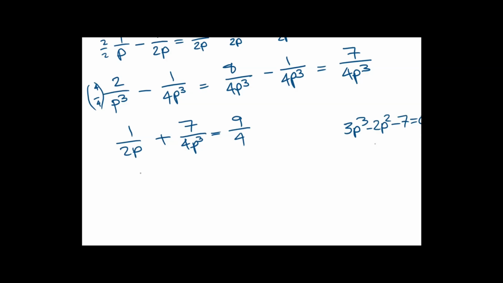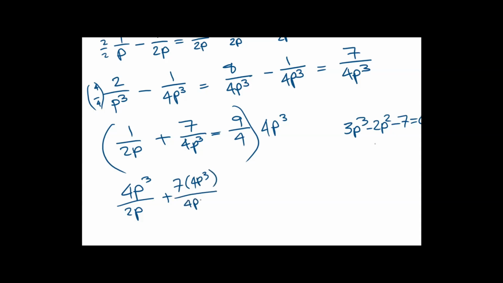Now, we are going to multiply all of these terms by 4p cubed. So we get 4p cubed over 2p plus 7 times 4p cubed over 4p cubed equals 9 times 4p cubed over 4.